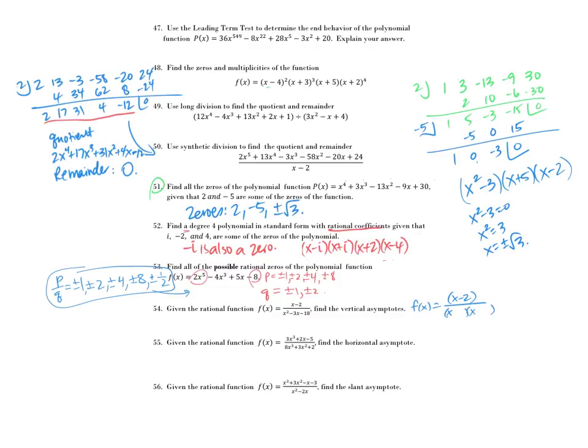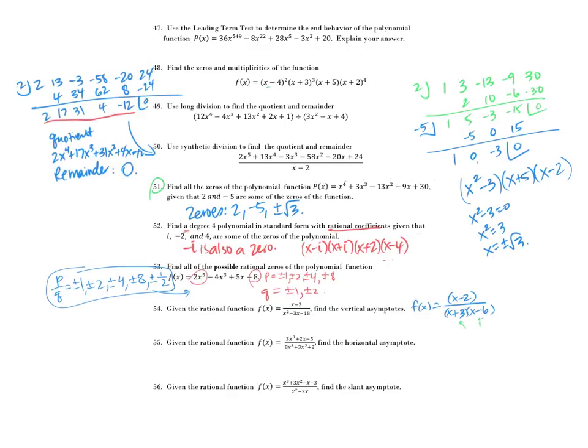You've got 3 and 6. So I want the 6 to be negative and 3 to be positive. Yeah, that'll work. Okay, so the vertical asymptotes are going to be given by the denominator.